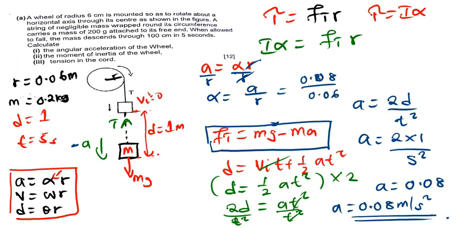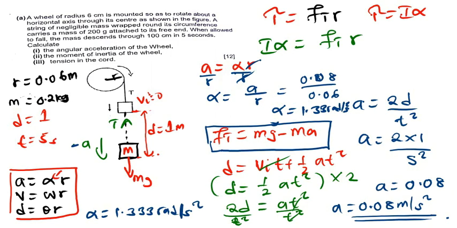So my alpha will be 0.08 divided by 0.06, which is 1.333 rad per second squared. I can put it in 3 decimal places. So my alpha is 1.333 rad per second squared.